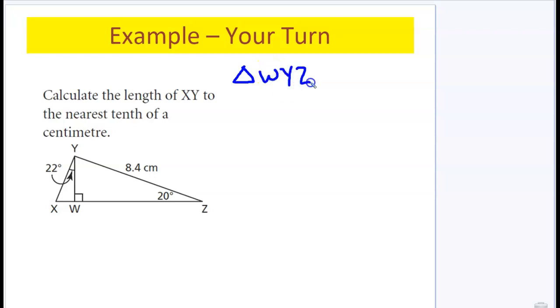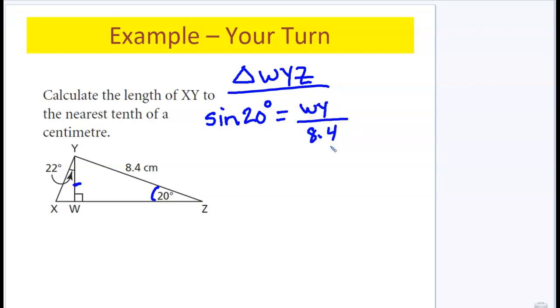So first of all, I'm dealing with triangle WYZ, and I want to find this side length right here, which is WY. And that side length is opposite of the angle of 20 degrees, and 8.4 is the hypotenuse. So therefore, I'm going to use the sine of 20 degrees. It's going to be equal to WY divided by 8.4.